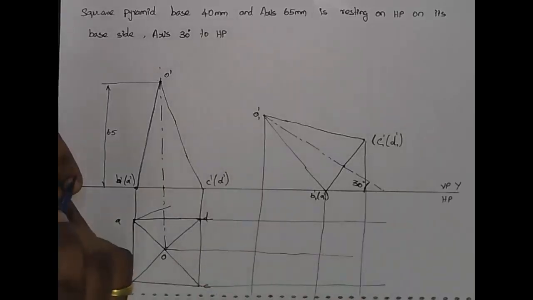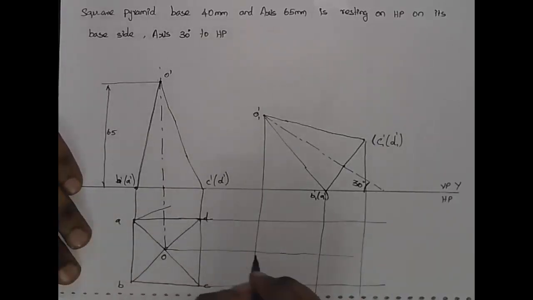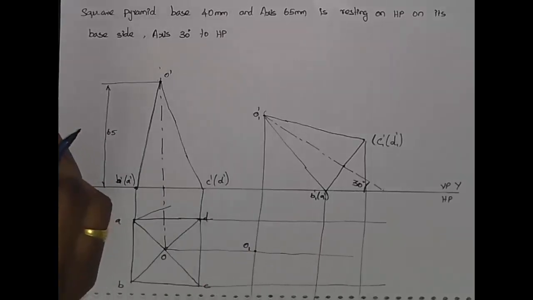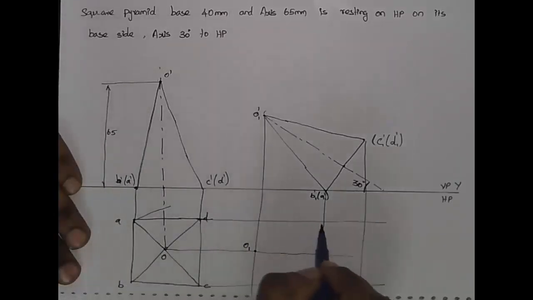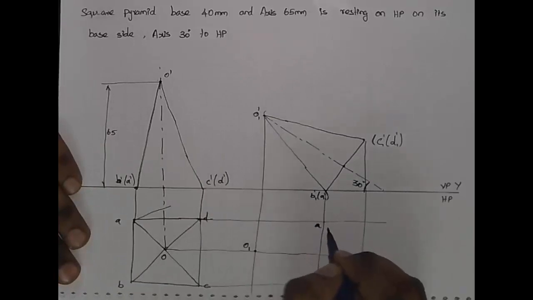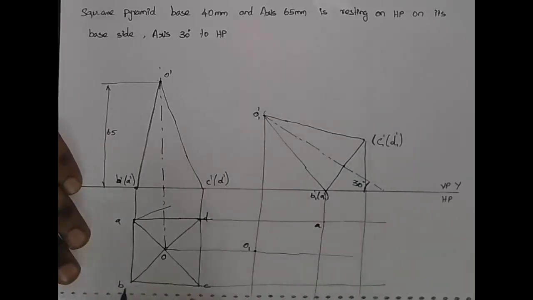So now first mark the point O. So here it is O, here it is O. So this point is called as O1. Now mark the points A, B. So here this point is A, this point is A and this point is B.